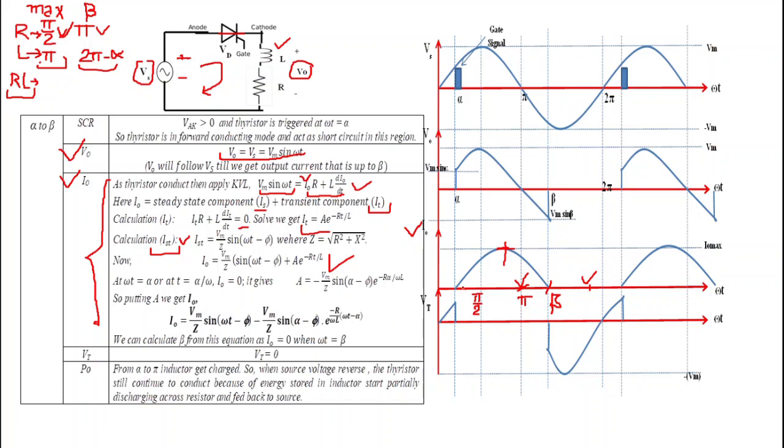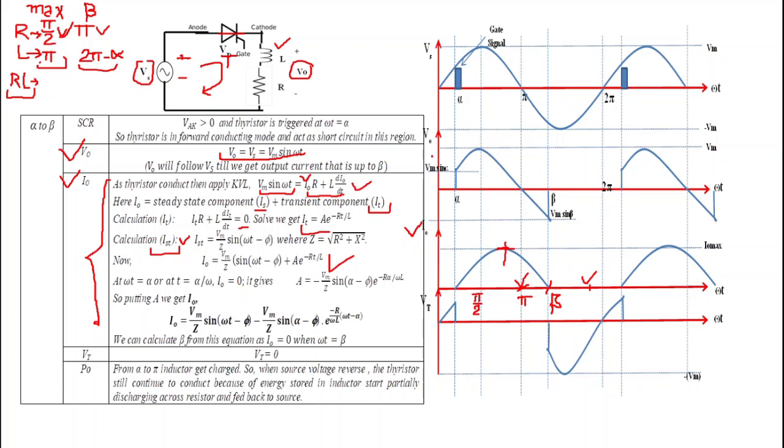Okay, in this way we can plot the waveform of I naught. Now here one important concept is, this thyristor will remain turned on till the output current I naught is positive. Or we can say that we get waveform of V naught equal to Vs till I naught is greater than 0, and we know that I naught is greater than 0 up to beta.